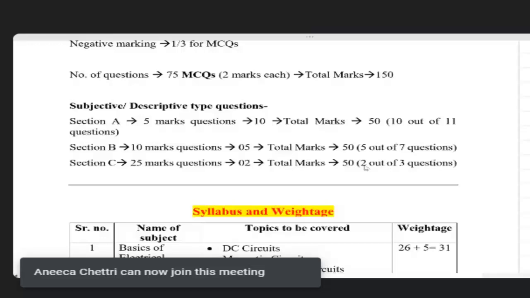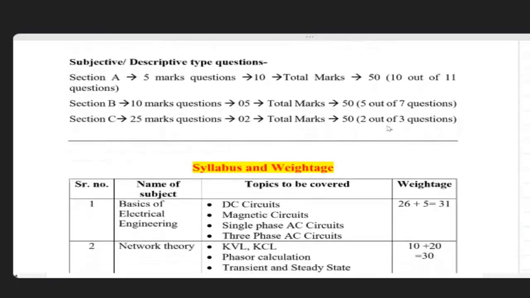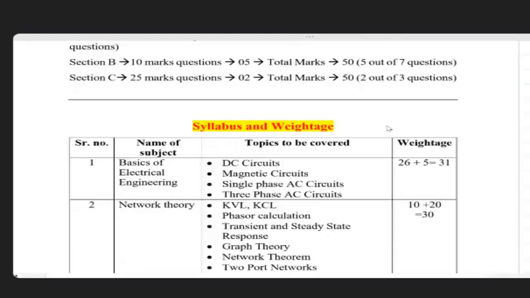Here also you get internal choice, meaning you have to attend 5 questions out of 7. In Section C, you need to attend only 2 questions, 25 marks each, for a total of 50 marks. So 50, 50, 50 means 150 marks of descriptive type questions and 150 marks of MCQ type questions. A very interesting examination pattern.